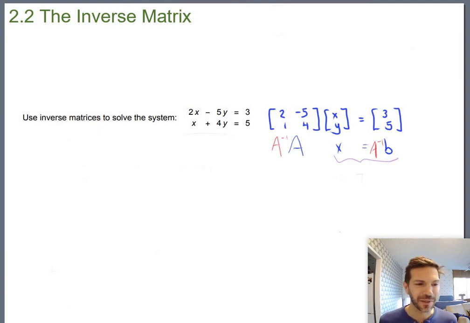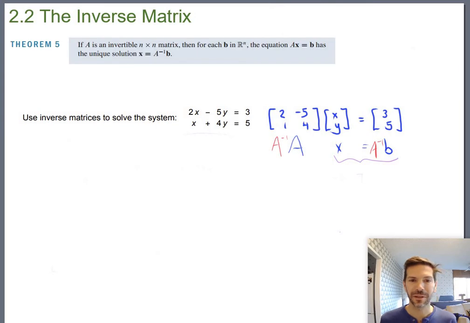So that's a theorem that's worth mentioning here. It's in the book, Theorem 5. It just says if A is invertible, then for each b, not just 3, 5, but 107 and a billion negative 2, for each b in the appropriate space, R2 for us, the equation Ax equals b has a unique solution, and this is how you find it.